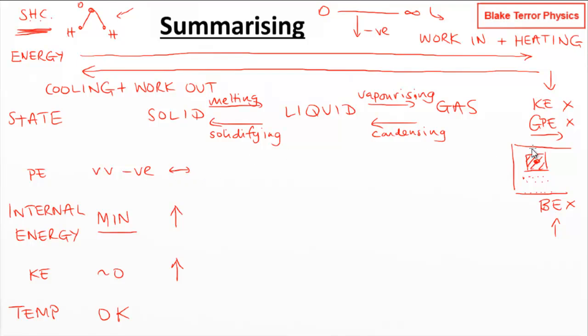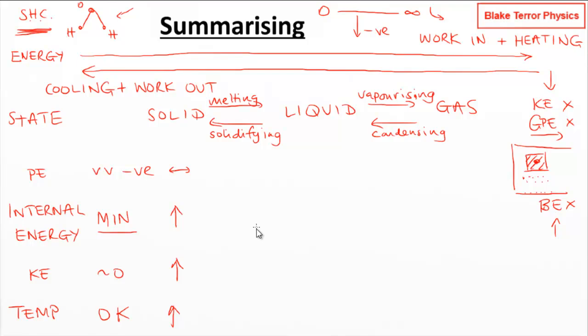We've still got these intermolecular or interatomic bonds inside the solid. They're not really going anywhere. All we're doing is making the atoms and molecules vibrate more. We're increasing their kinetic energy. The potential energy isn't really changing that much. The temperature is going up as we're doing this.